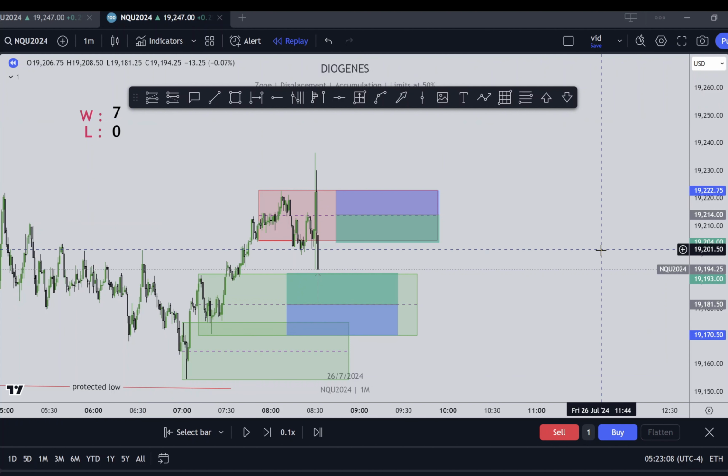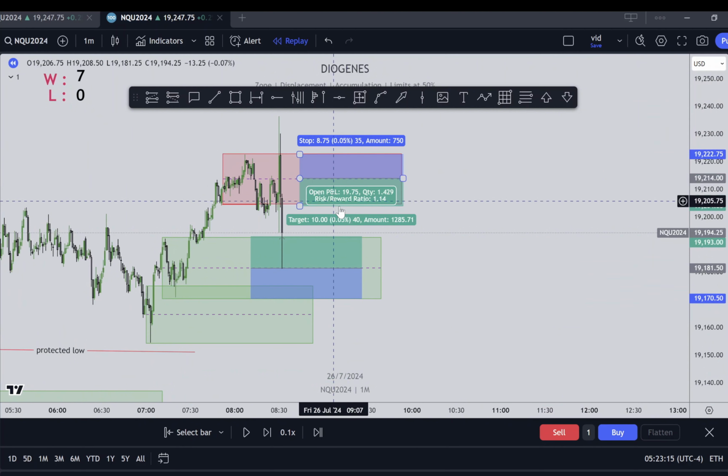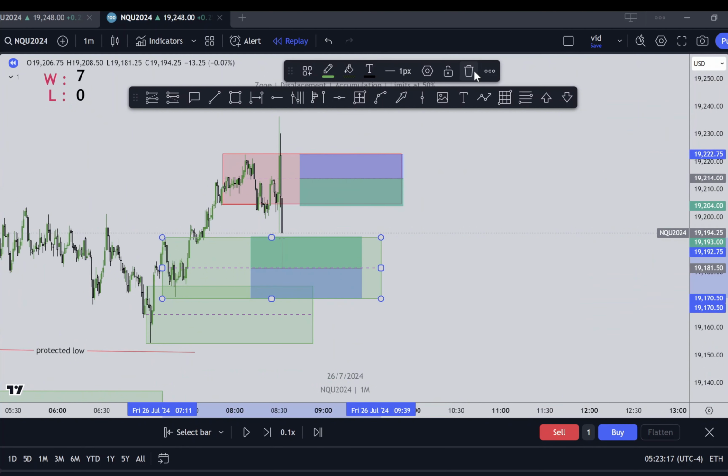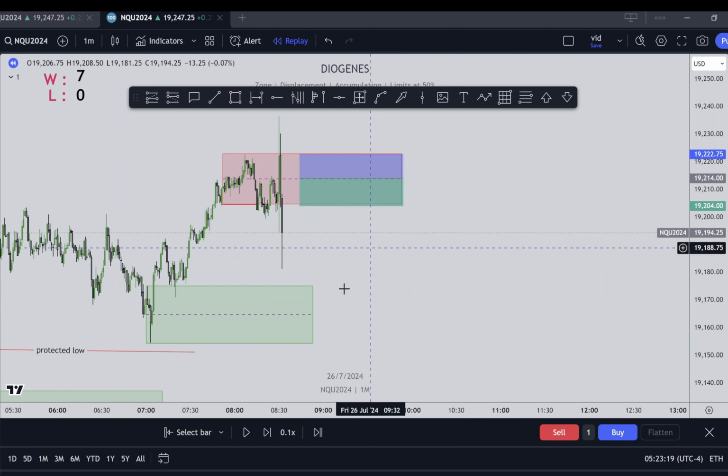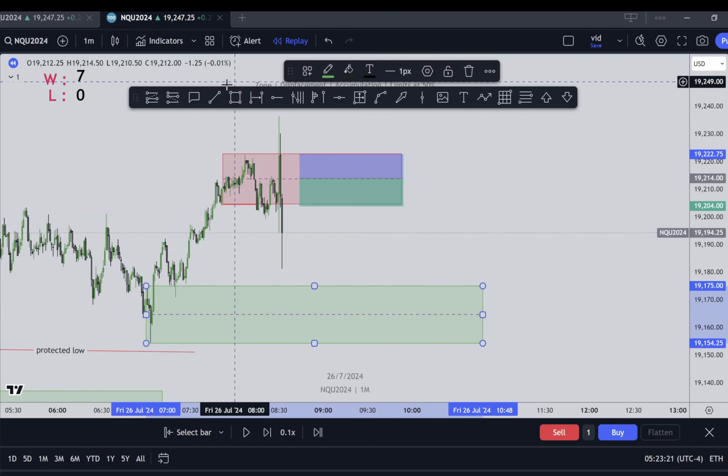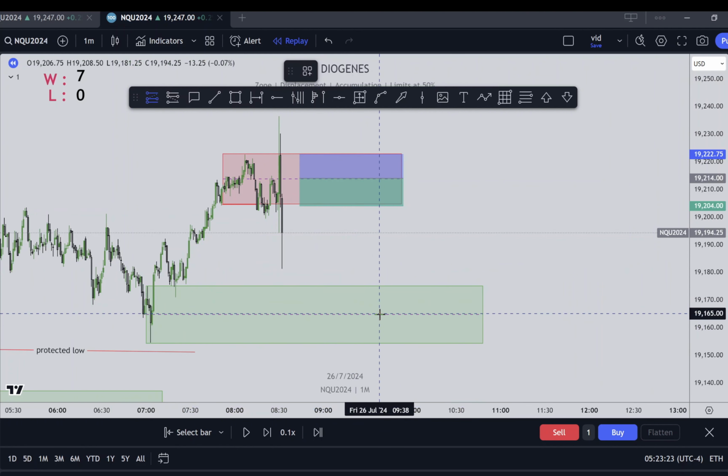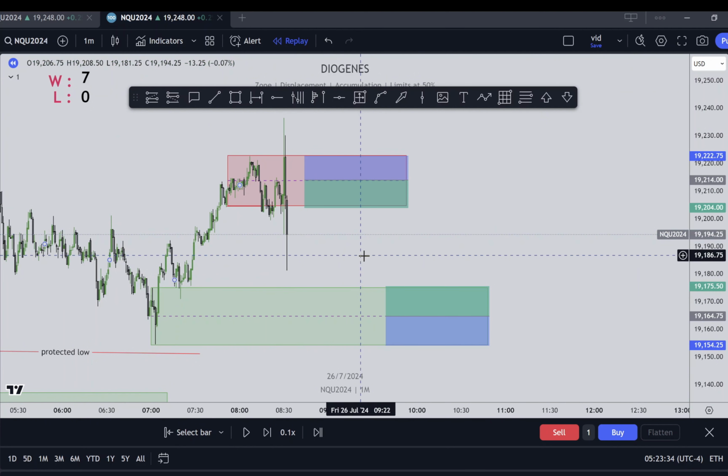Let's keep looking at what price would give us. Now, this zone, we will just delete it. I will keep this zone. I will still take this one-to-one. I don't care. Why? Because it's beautiful. A++ with all the accumulation and SBS you need for a good trade.